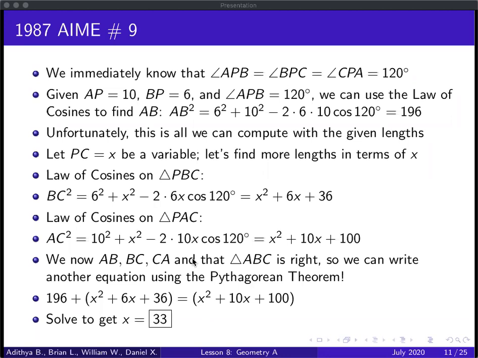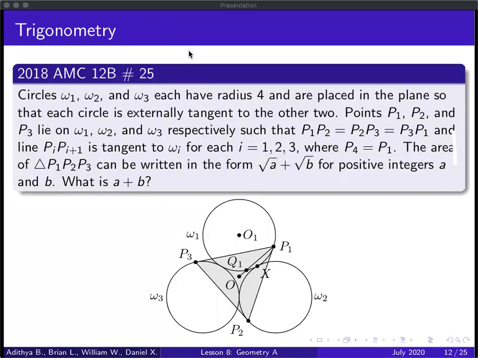Okay, so I guess we'll move on to our next trig problem. Or I guess this one may not necessarily be completely trig, but it's using the same basic geometry ideas. So I'll give you all a moment to read and draw your own diagram.